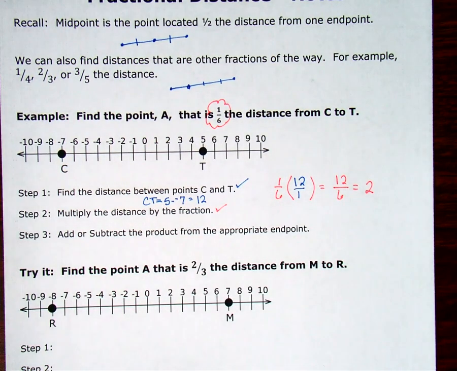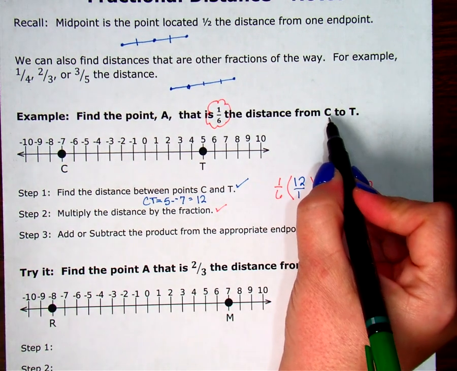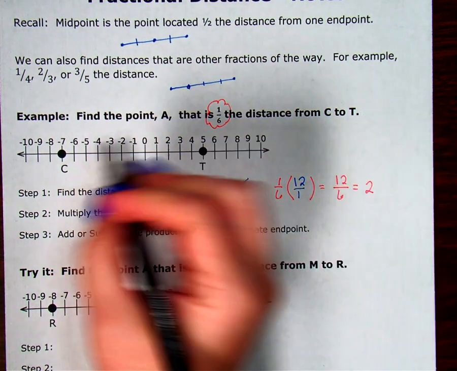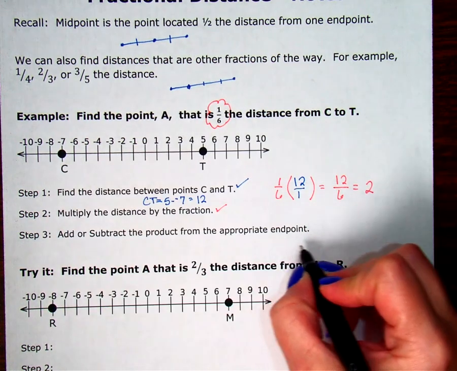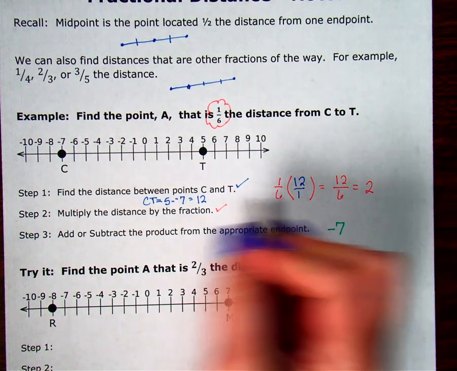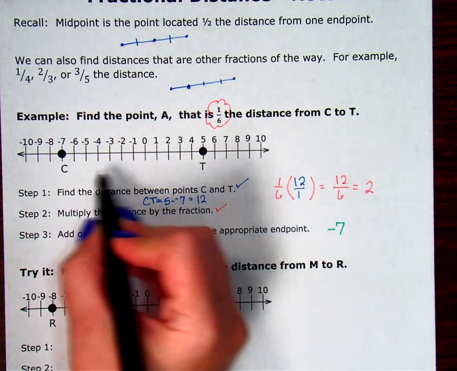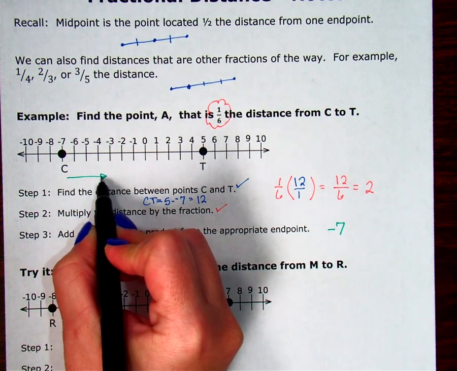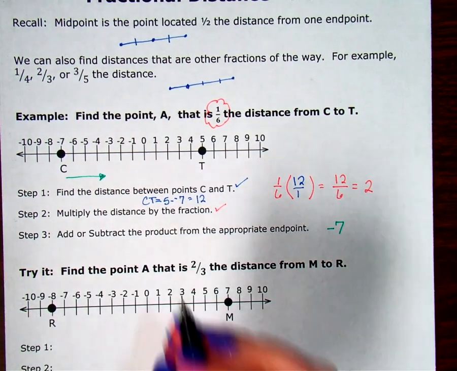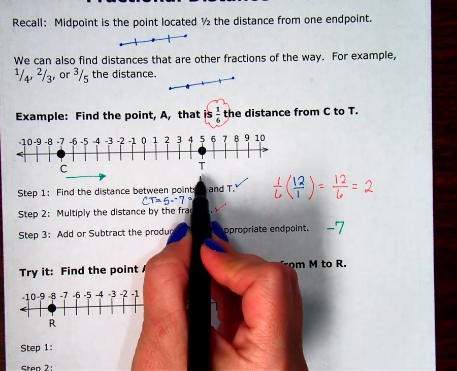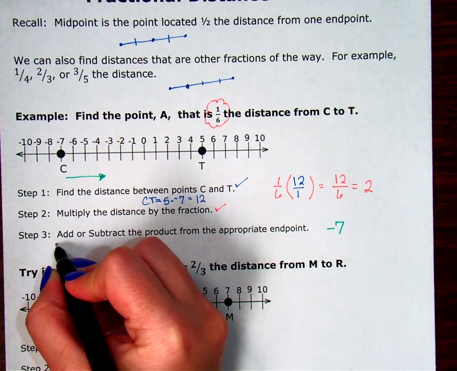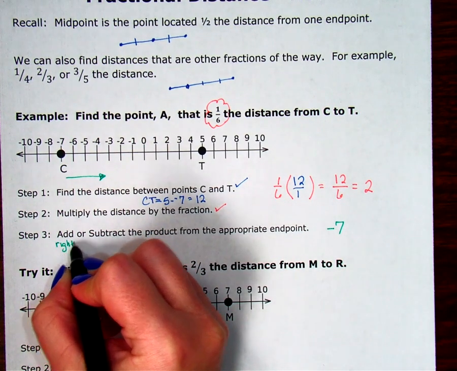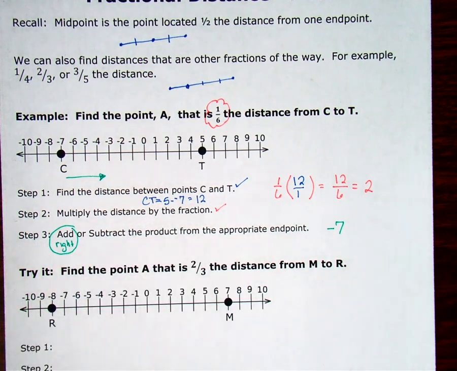Okay. Last but not least, it says to add or subtract the product from the appropriate endpoint. It says I want to go from C to T. So I'm starting at -7, and I'm traveling towards 5. So I'm moving towards the right on the number line. So my numbers are getting bigger, which means they're increasing. So when I'm moving right on a number line, I need to add to my starting point.